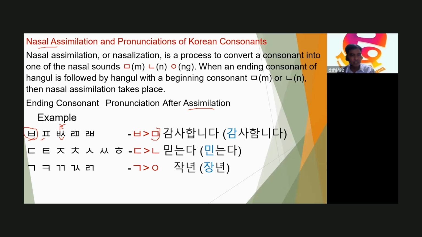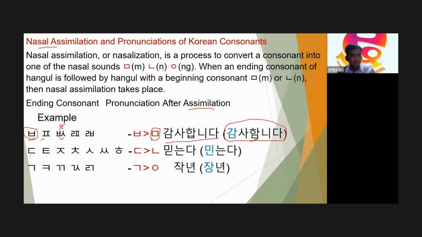Like earlier, with imnida, instead of gamsahamnida, the correct pronunciation is gamsahamnida. But the spelling will remain. This one is the correct spelling, Kamsahamnida, but this is the correct pronunciation. So biop will be replaced by miyum.